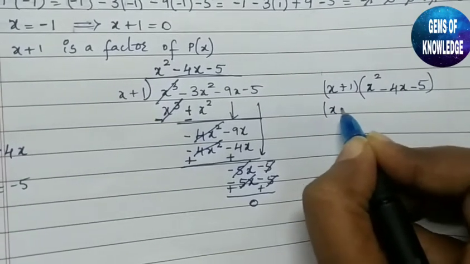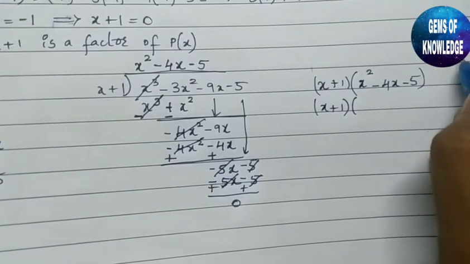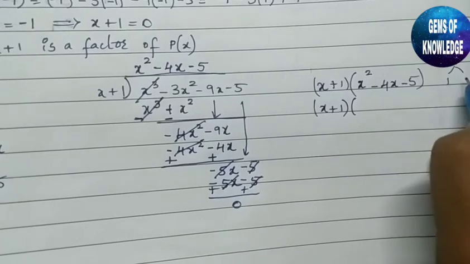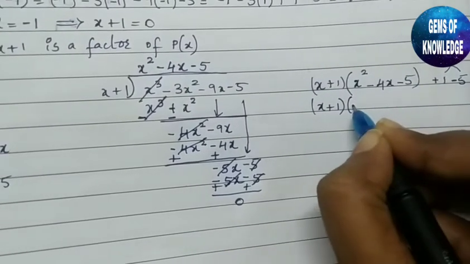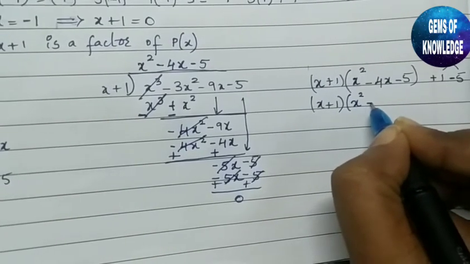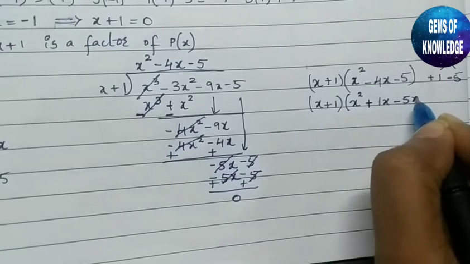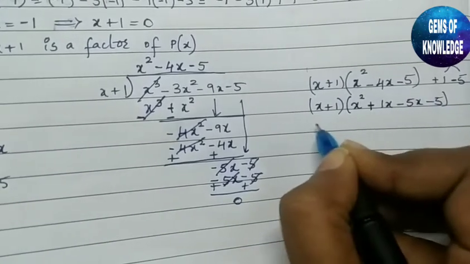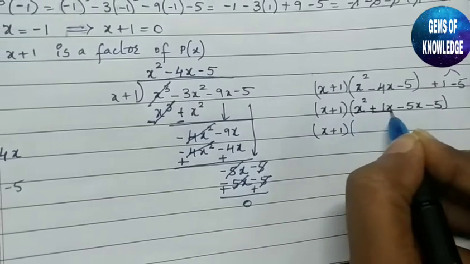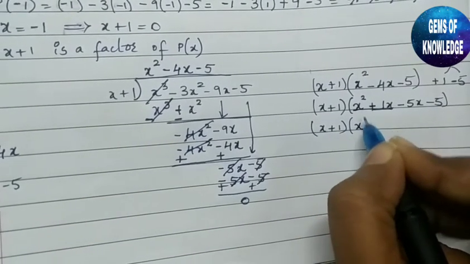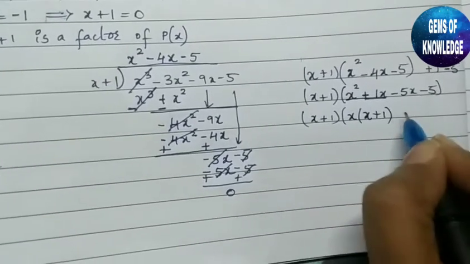So this x plus 1 will go on like this only, and here the 5 can be written as 1 fives are 5. So this will be minus and this will be plus. What will we get? x square plus 1x minus 5x minus 5. Okay, so what are we left with? Grouping this, we will put x common here, and x plus 1 will be left.